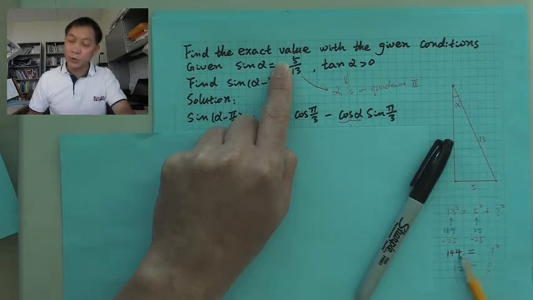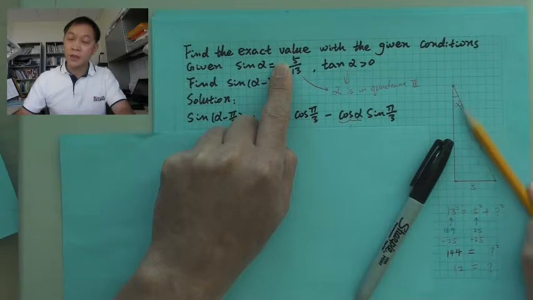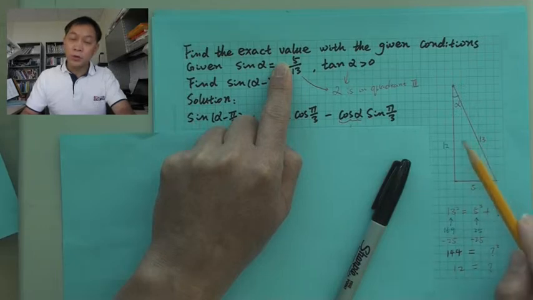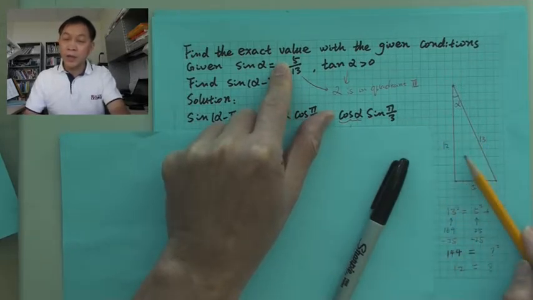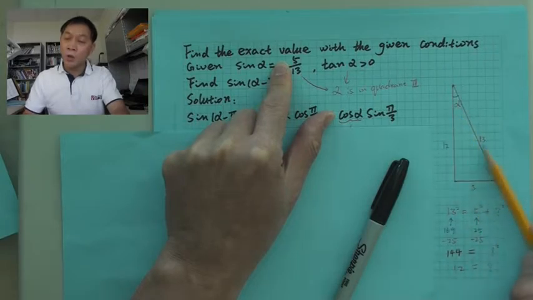If you take the square root, you will have a 12 for this leg. So this leg is 12. That's what I wrote here. Then you will have a cosine. Cosine is adjacent over hypotenuse. Then you know it's 12 over 13.